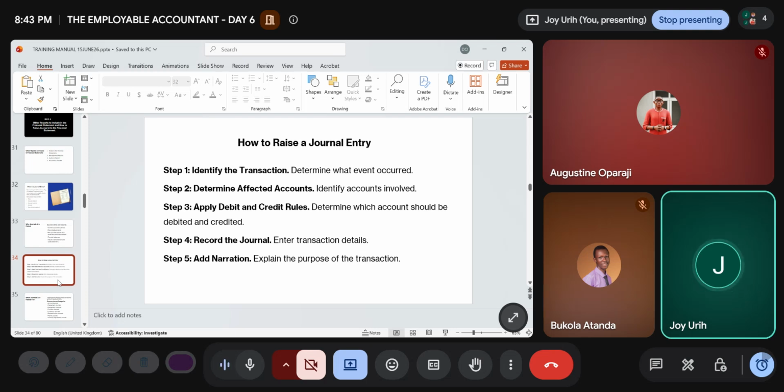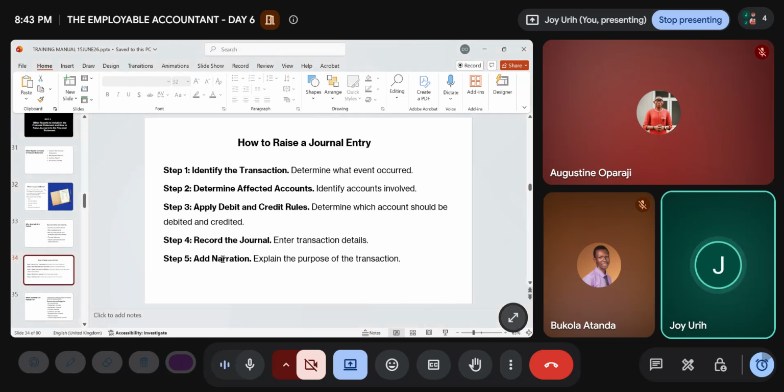Maybe payment of rent, that's a transaction. Purchase of goods, that's a transaction. When you identify the transaction, you determine the affected accounts. What are the accounts that are affected in that transaction?